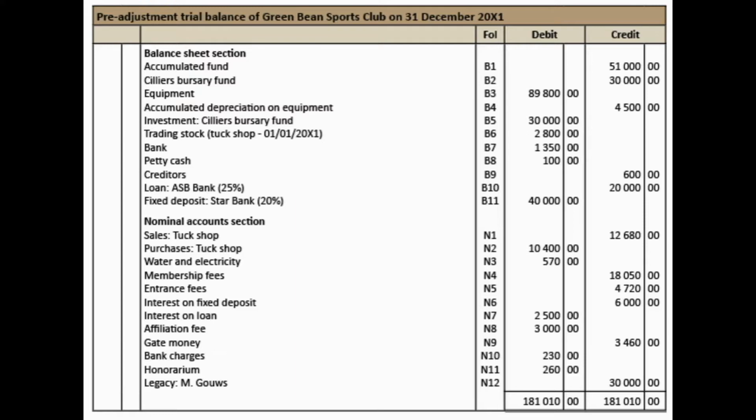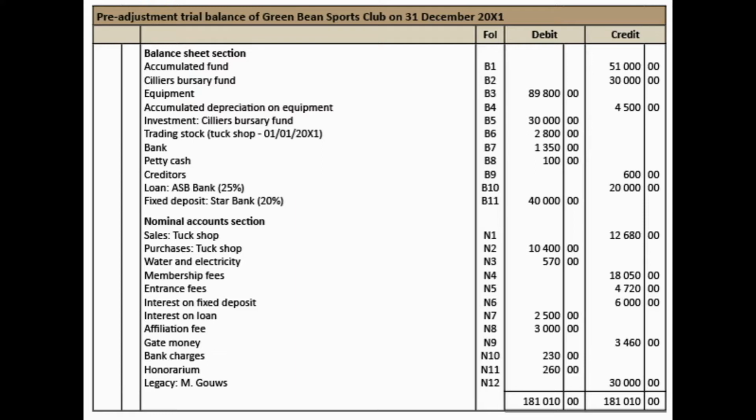That is the amount that you were supposed to receive as income for this year, and that is the amount that you will enter in the statement of income and expenditure. 18,370.